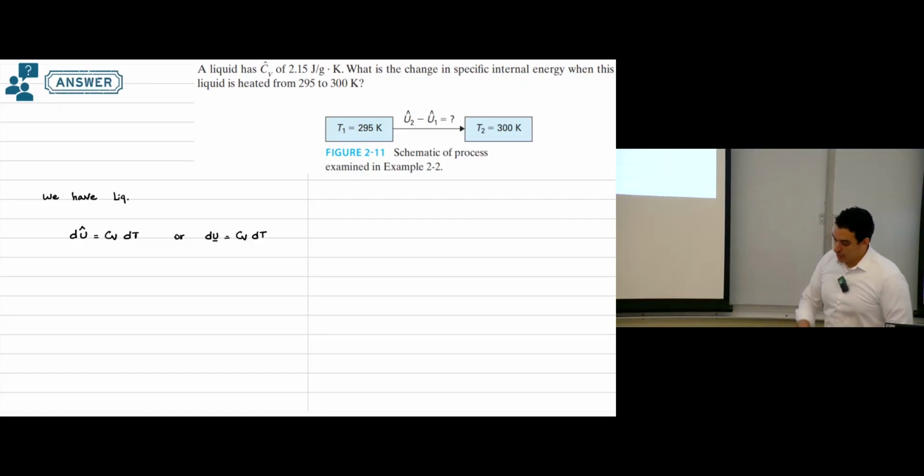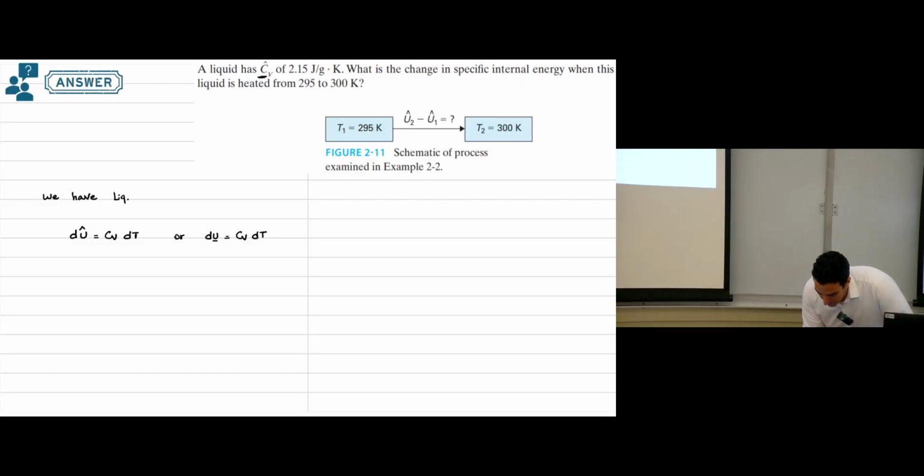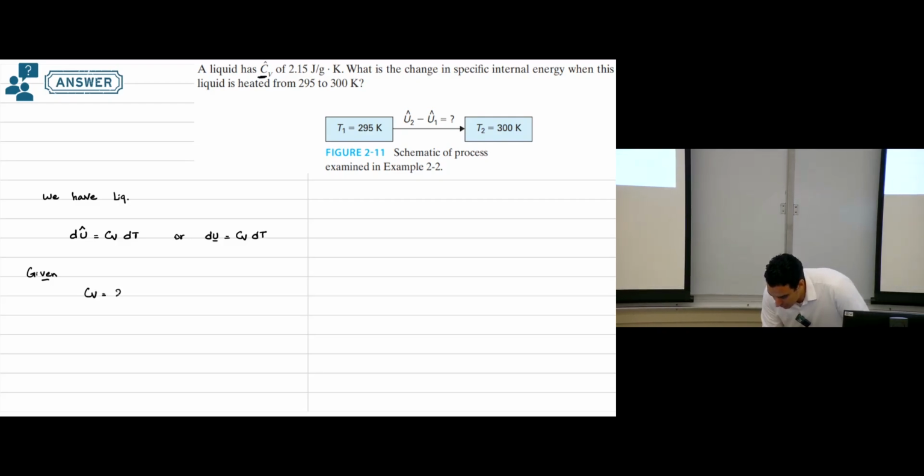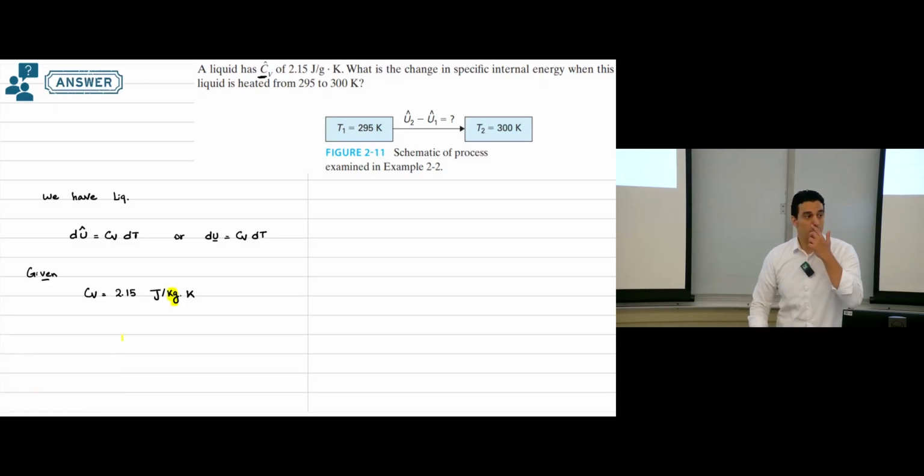Based on the given Cv value, 2.15 joule per kilogram Kelvin, this value is per what? Per kilogram.